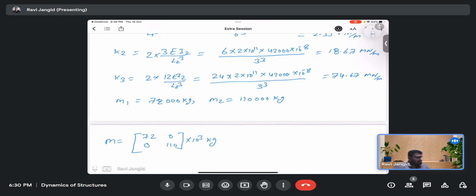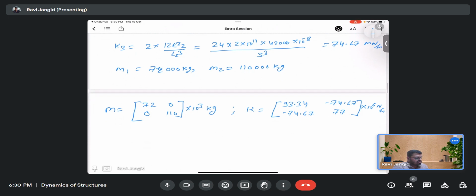Similarly, our stiffness matrix, if I put in each value of k1, k2, k3, I will get 93.34, minus 74.67, minus 74.67, 74.67 plus 77 into 10 raised to power 6 Newton per meter.